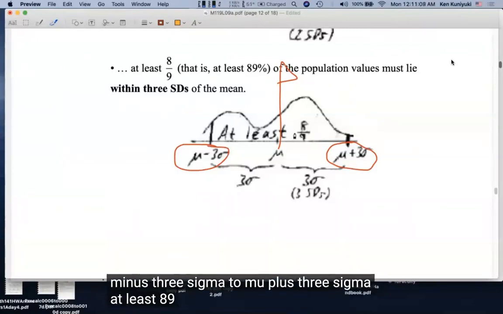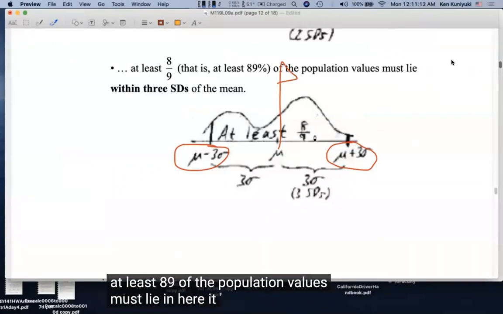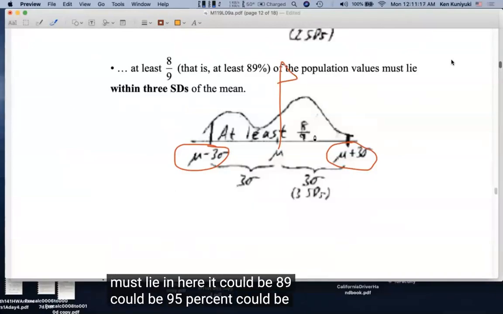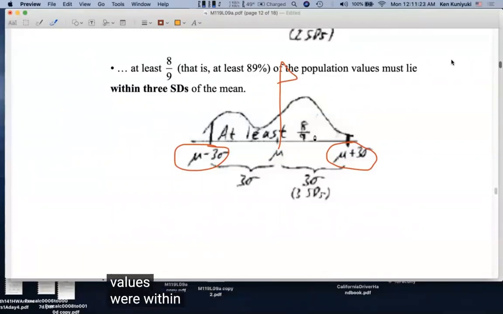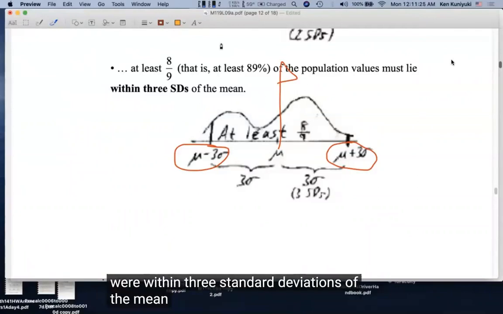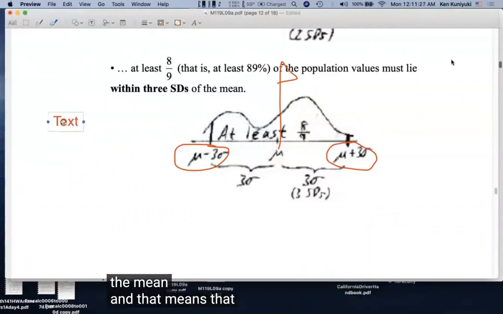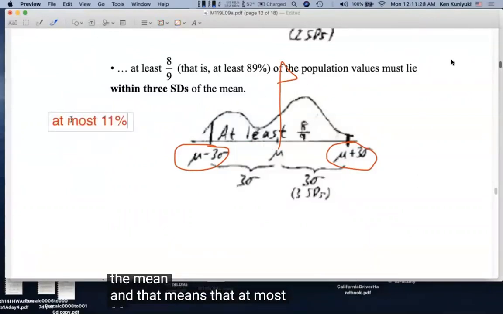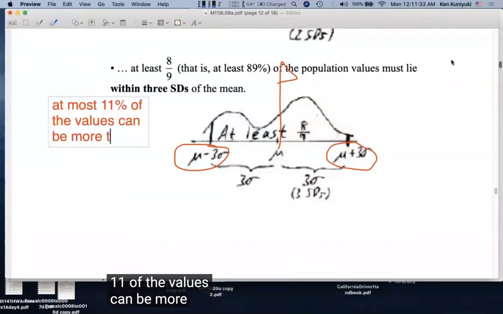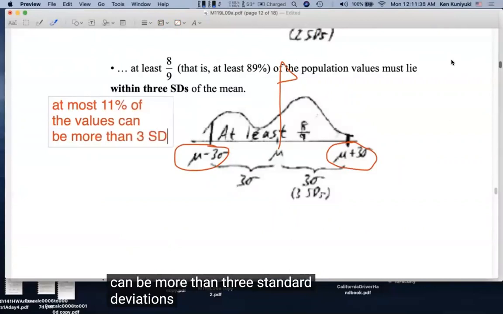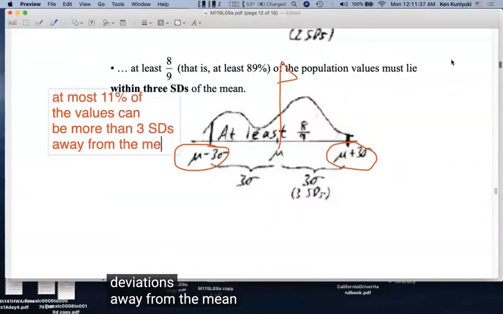At least 89% of the population values must lie in here. It could be 89%, could be 95%, could be 99%, could be all the values. In fact, it wouldn't be shocking at all if all the values were within 3 standard deviations of the mean. And that means that at most 11% of the values can be more than 3 standard deviations away from the mean.